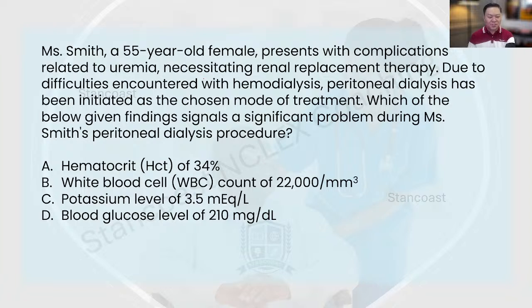We got options: A, hematocrit of 34%, B, white blood cell count of 22,000 per cubic millimeter, C, potassium level of 3.5 milliequivalents per liter, and D, blood glucose level of 210 milligrams per deciliter.